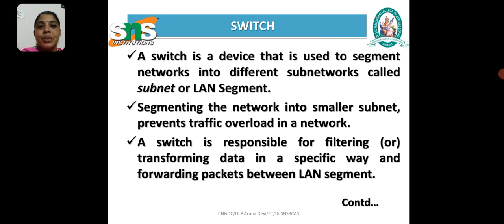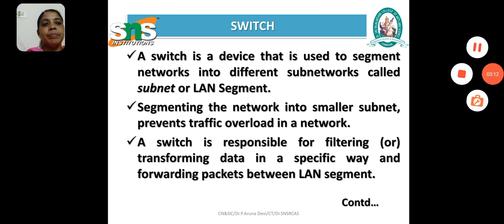It's like the switches in our home: if a fan has a single switch, a TV has a single switch, like that we can operate the network individually. So it is also called a subnetwork. Segmenting the network into smaller networks prevents traffic overload in the network. The switch is responsible for filtering, transferring the information in a specific way, and forwarding the packets between LAN segments.